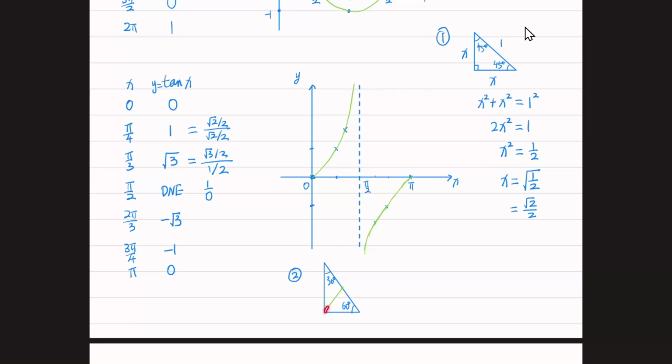What can we say about this median? It bisects the 90 degree angle. It makes two isosceles triangles. So the theorem is that CD is half of AB.